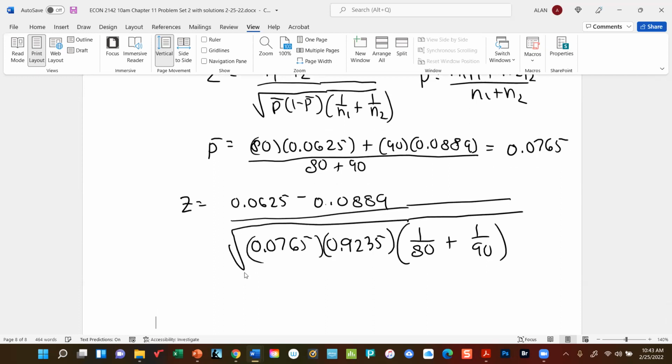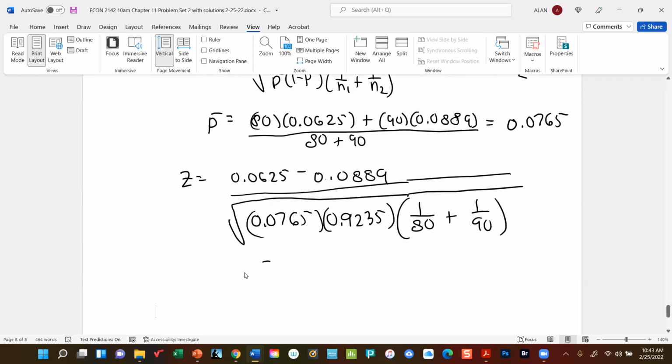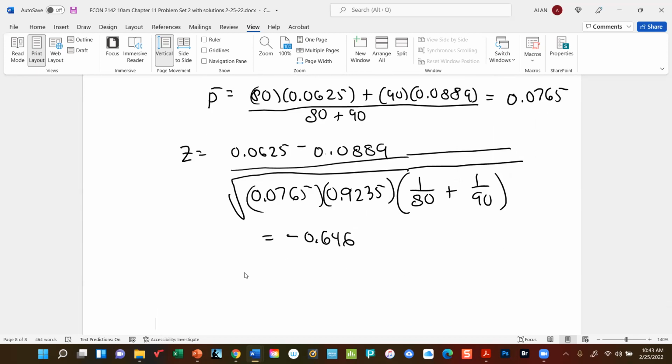Now, that's a very messy expression. So let me just tell you what that worked out to be. It's negative. You can see it's negative, but it's only negative 0.646. Oh boy, that's a small number. So it doesn't look like we'll be able to reject the null. Okay, but we still need to go through the formality of calculating the critical values and confirming this.